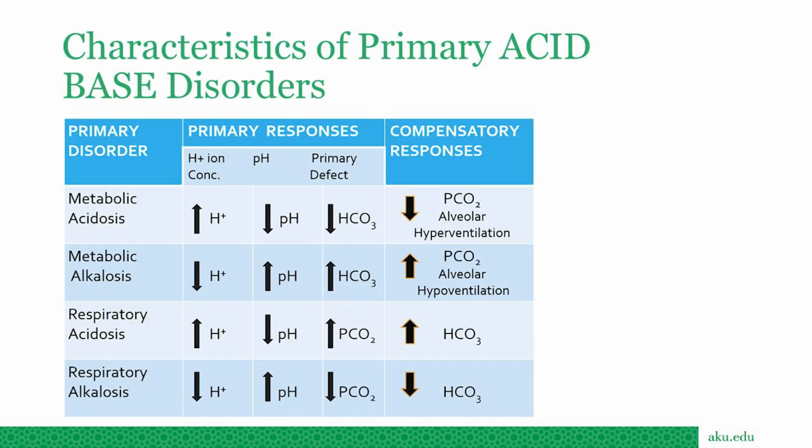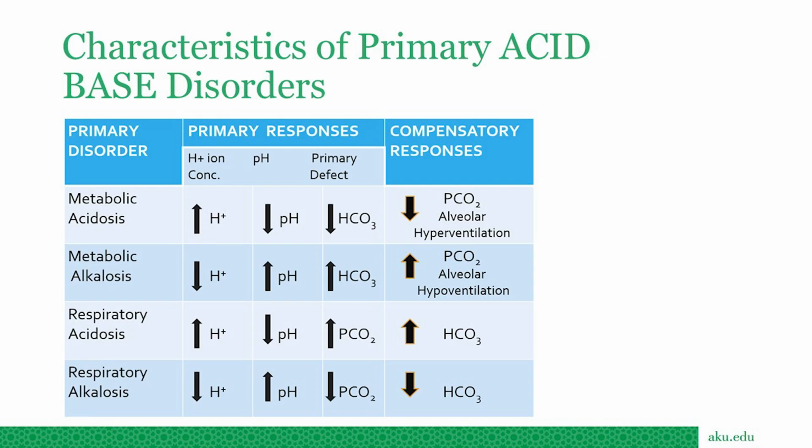So what are the characteristics of a primary acid-base disorder? First, we will see the metabolic component and then go on to the respiratory component. What is metabolic acidosis? As we know, in acidosis, the pH of the patient is going down and the hydrogen ion is increasing. The primary defect is the decrease in the bicarb level.